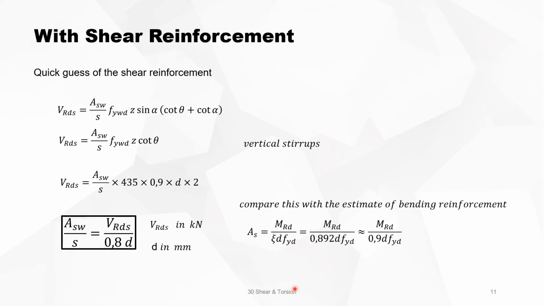You can compare that where you calculate the needed reinforcement due to bending moment. You can simplify this and you can estimate the amount of needed reinforcement by just dividing the bending moment by 0.9 D divided by the yield stress of the reinforcement. So those two formulas are quite similar.